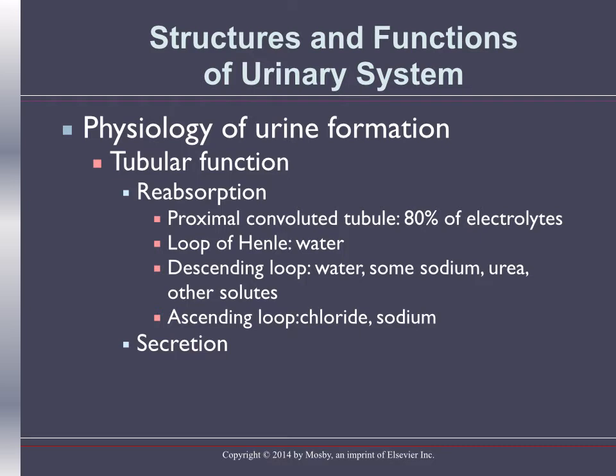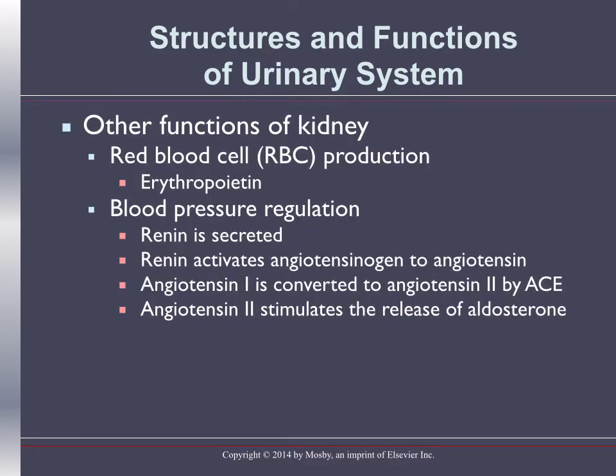Collecting duct does reabsorption of water. So these are some of the segments of the nephron, and each segment is doing the function of filtration, reabsorption, and secretion, keeping in the nephron what the body needs, and then slowly taking out what the body doesn't need. So let's go to the next slide.